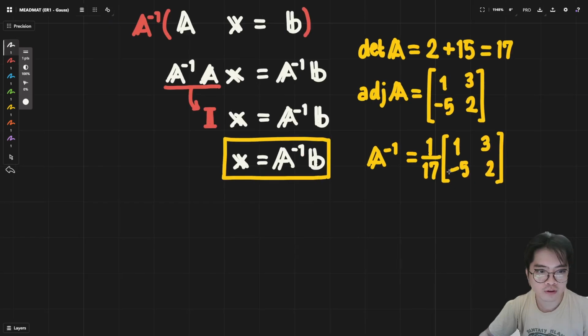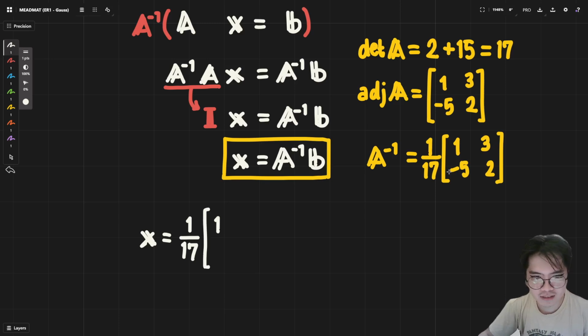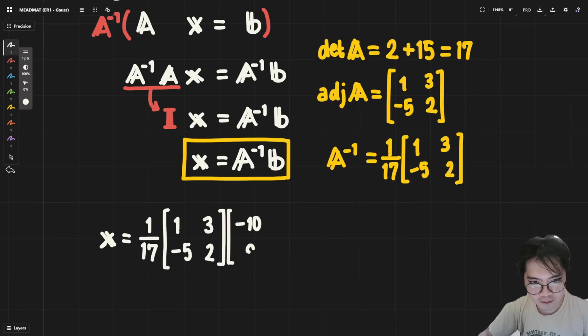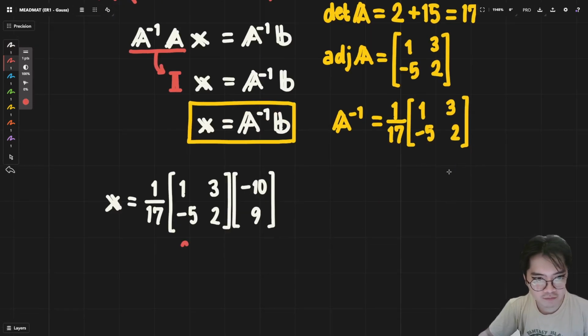And so our value for the matrix of x is just going to be 1 over 17. I don't want to apply that right now. So what we will do for now is just have this [3, -5; ..., 2]. Our b in this case is going to be negative 10 and then 9. Because here we have 2 rows, 2 columns, and in this case we have 2 rows and 1 column, this gets cancelled.